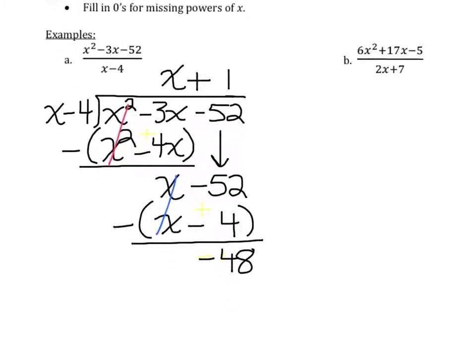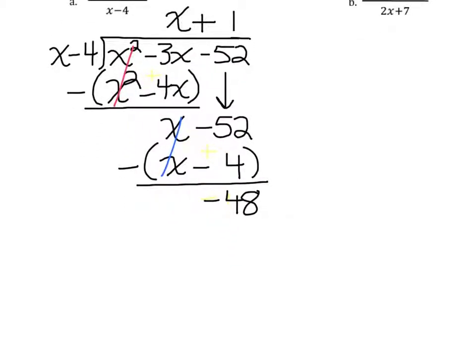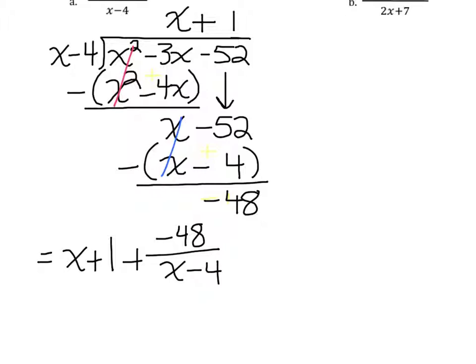And so one way for me to write my solution, remember we do our quotient, which is here, plus our remainder over our divisor. And so I can write my solution as x plus 1 plus negative 48 over x minus 4. Now, if you look here, this is a negative divided by a positive in a fraction.